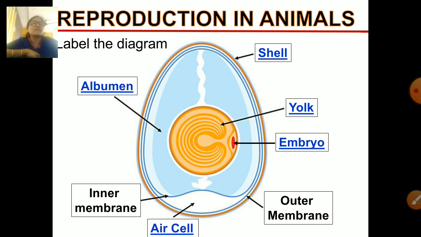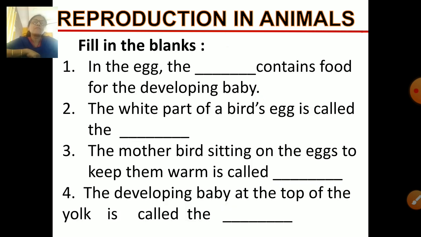Now further we will also do some filling the blanks, to revise and to know whether you have understood this portion correctly or not. Right, children? So let us begin. What is the first one?